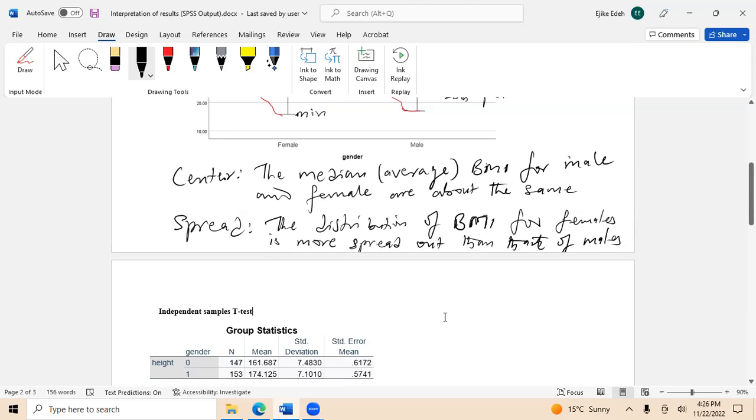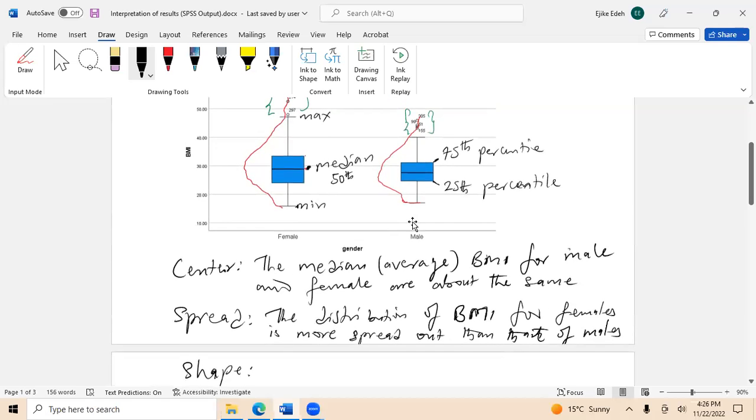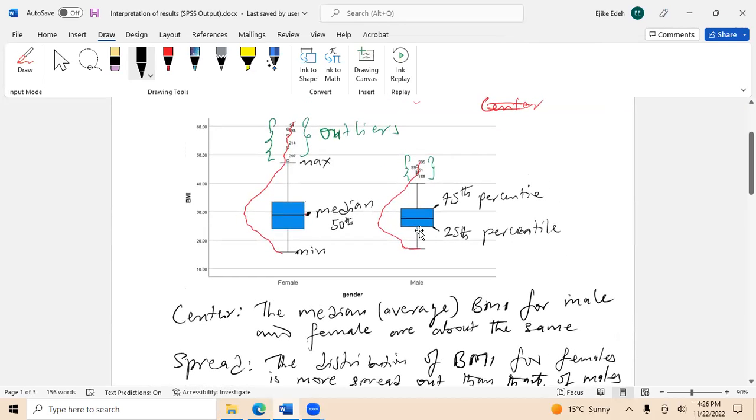Okay, so the last one, of course, is the shape. We see that the shape of the distribution of data for male is approximately normal. There's some skew here, but it's approximately normal. We see clearly that the distribution of BMI for female is skewed to the right.